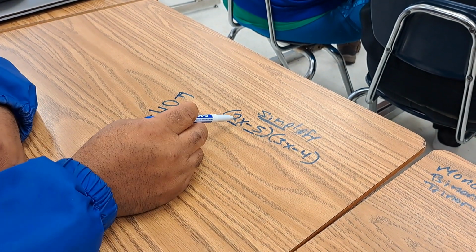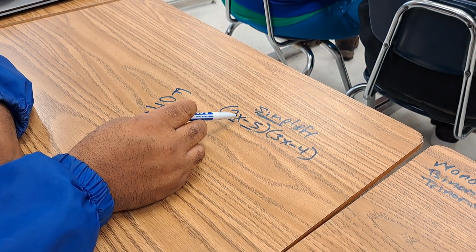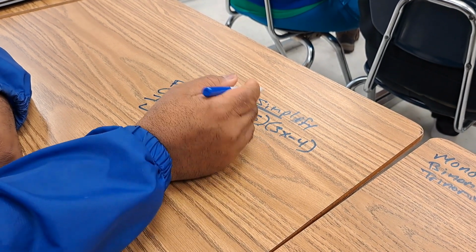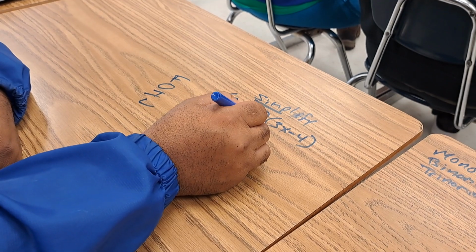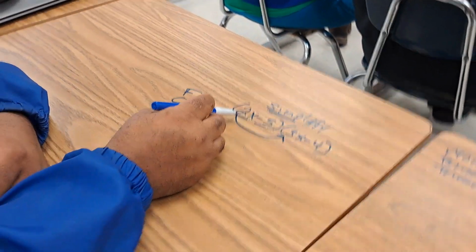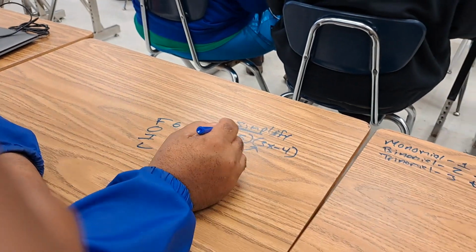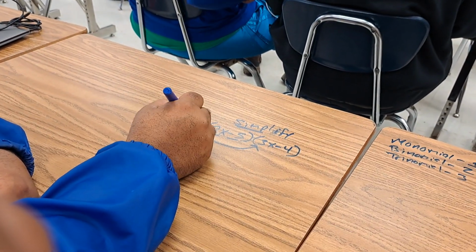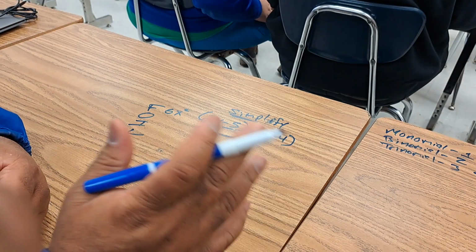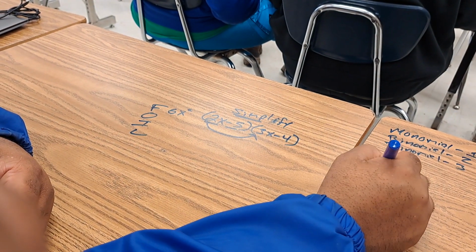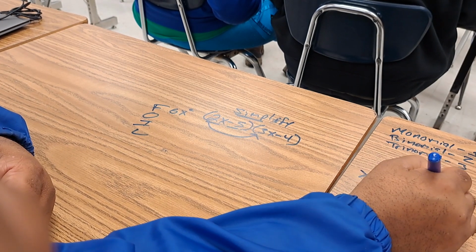Well, what's the first term? First term is 2x. And we're going to multiply by the other first term, 3x. So we have 2x times 3x. 2 times 3 is 6. And x times x is x squared. Now here's something we got to pay attention to. x plus x is 2x.